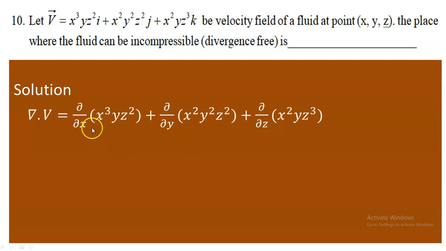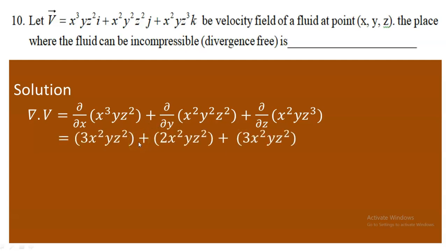Clearly the partial derivative with respect to x is 3x squared y z squared, the partial derivative with respect to y is 2x squared y z squared, and the partial derivative with respect to z is 3x squared y z squared.